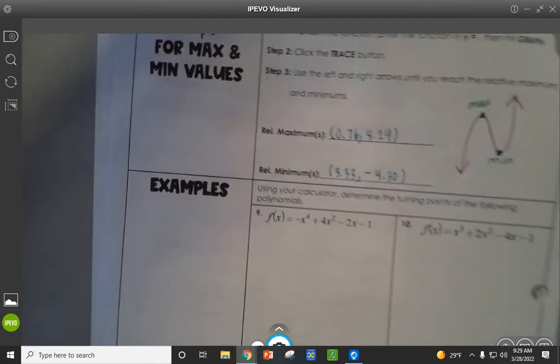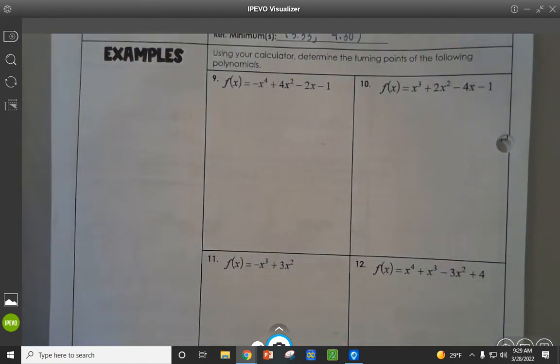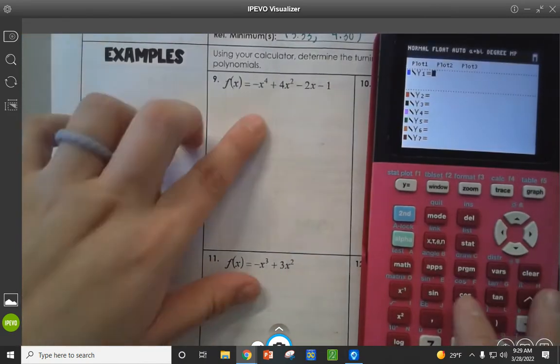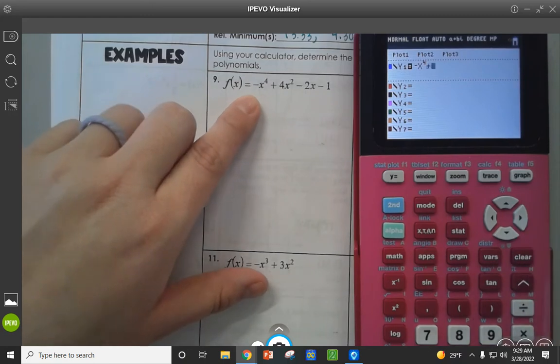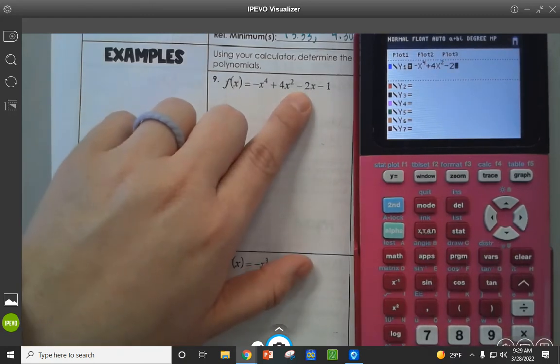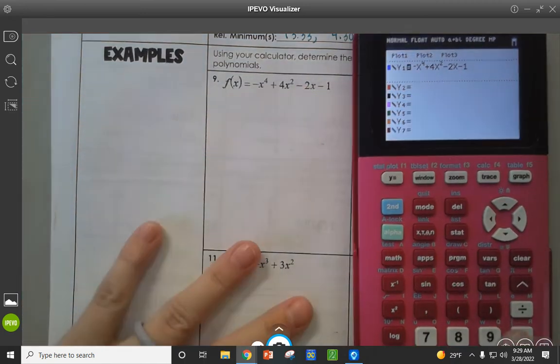So we've got 4 questions here. We're going to list out the max and the min for each of these. So let's go to number 9: negative x to the 4th plus 4x squared minus 2x minus 1.